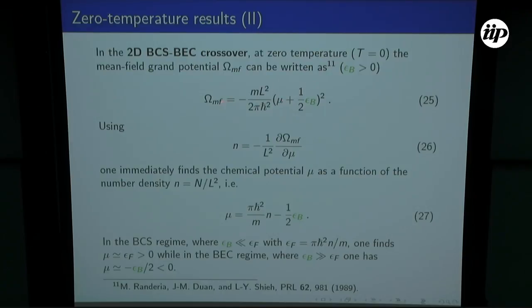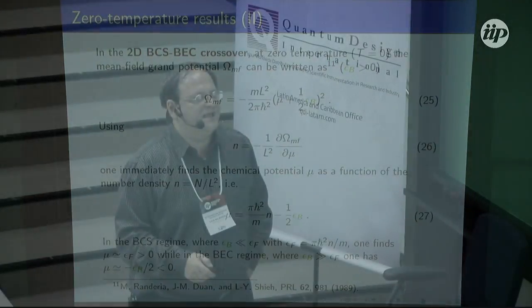You see, the mean field grand potential is proportional to mu, the chemical potential, plus one half the binding energy squared. And using the formula that I showed previously, the number equation that gives the number density, you will get, by inverting this formula, the chemical potential as a function of the density.